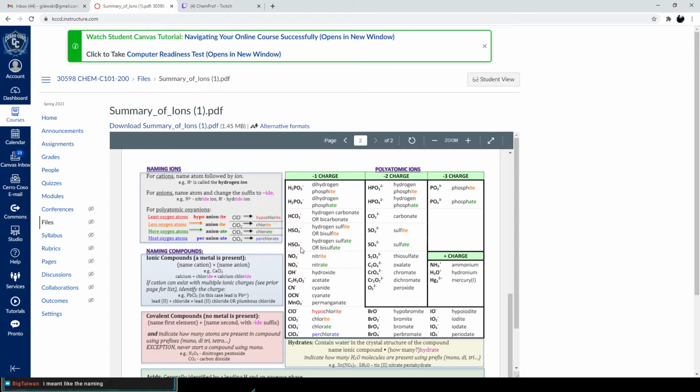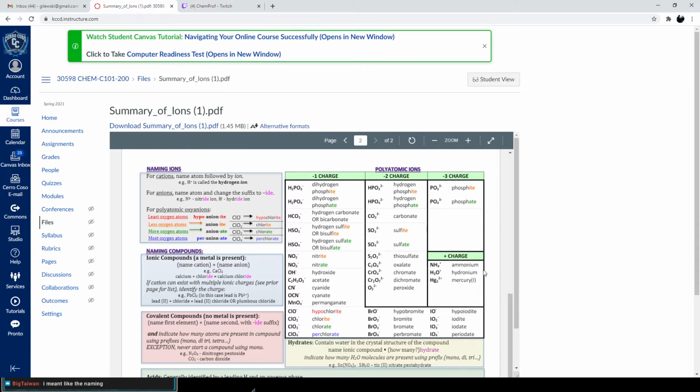The number of oxygens is still the same. So we still have 4 oxygens in each one. We've just thrown a hydrogen on. If we were to throw on an additional oxygen, we would call it persulfate or something. If we had SO5 2-, that would be persulfate, following that pattern. So hopefully that answers that.